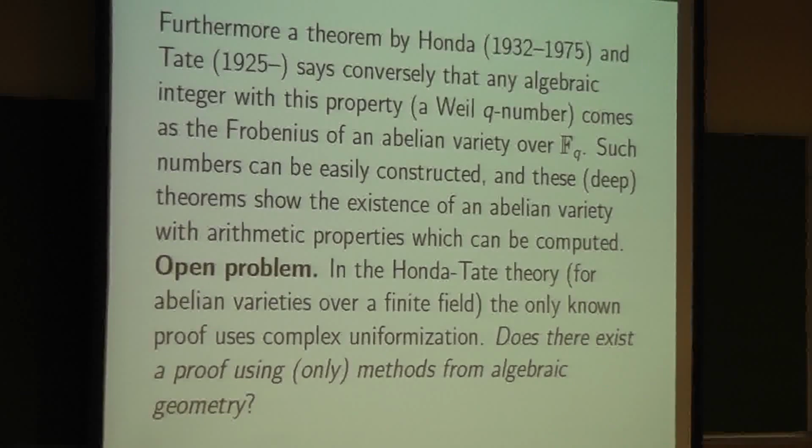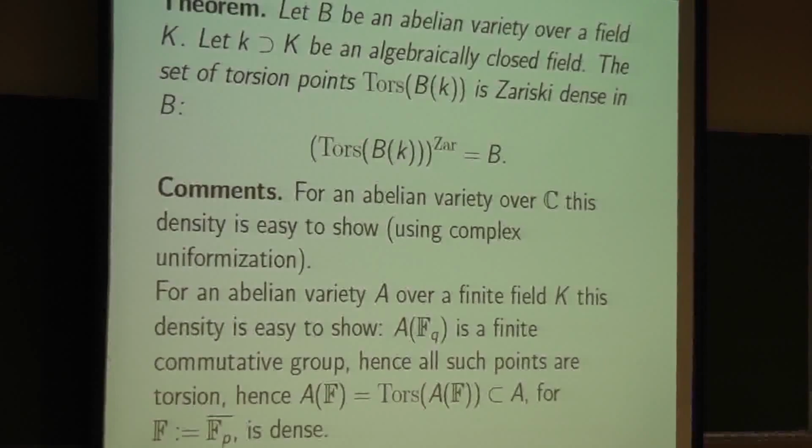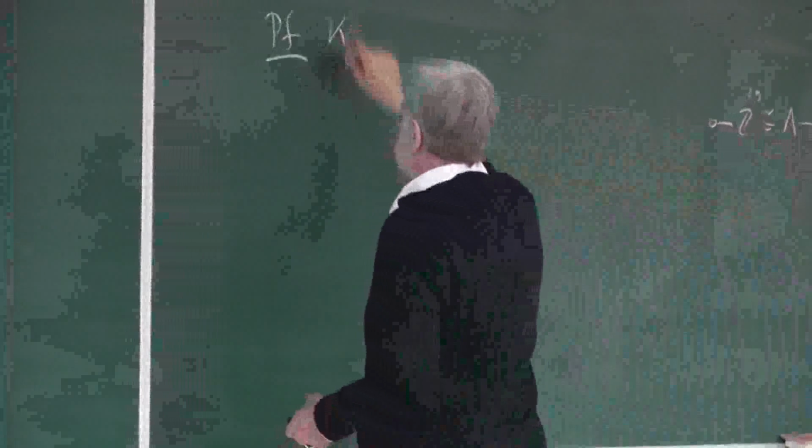Okay, let me move on. I'm going to prove for you that the torsion points of an abelian variety are Zariski dense. You know, I have to give at least one proof. So K is any field.